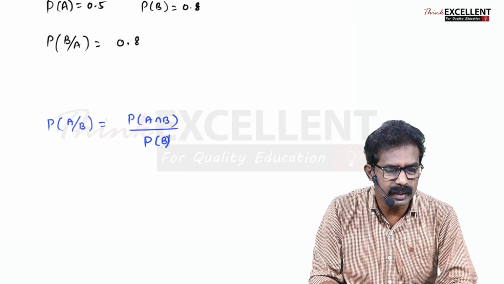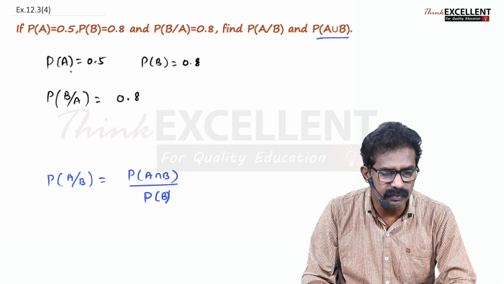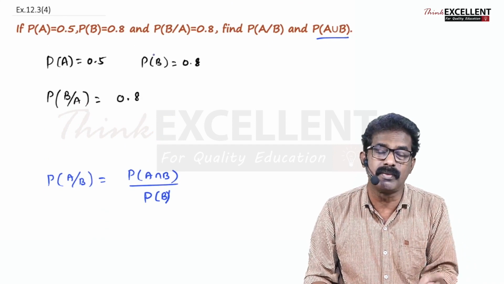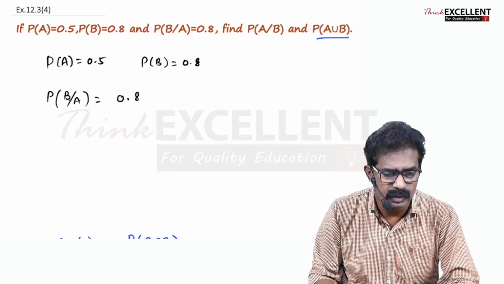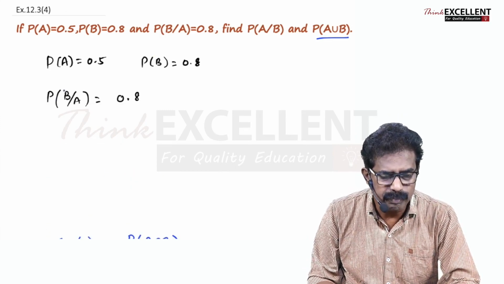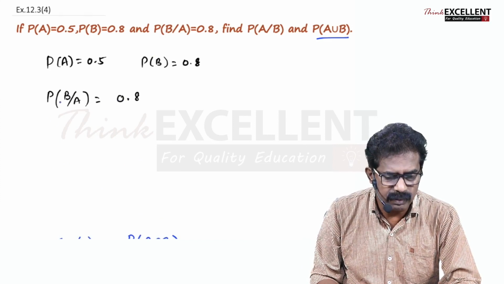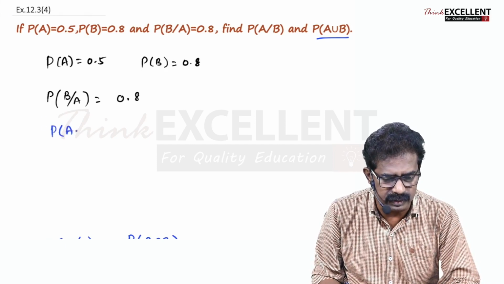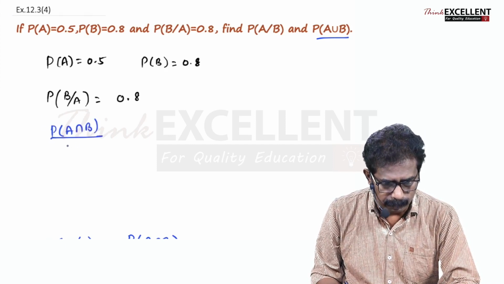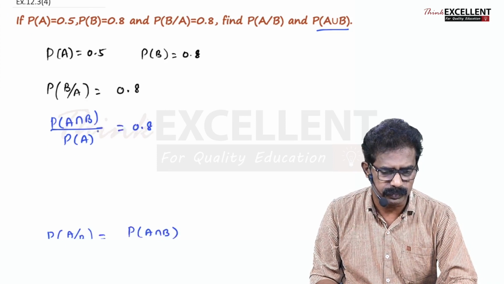And the second part they asked is P of A union B. That is P of A plus P of B minus P of A intersection B. So we want P of A intersection B, then only can we do that, right? Since P of B given A is 0.8, that's given, here you apply the conditional probability formula, P of B given A. What is that? P of A intersection B by the probability of the denominator, it is 0.8.